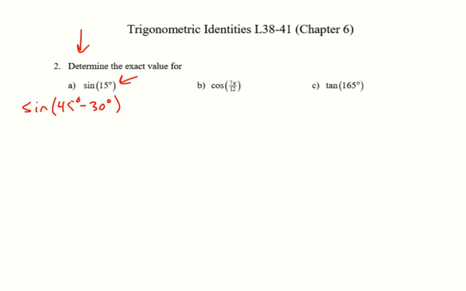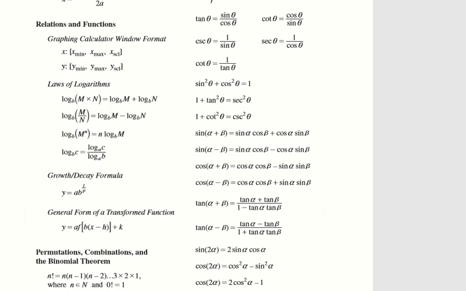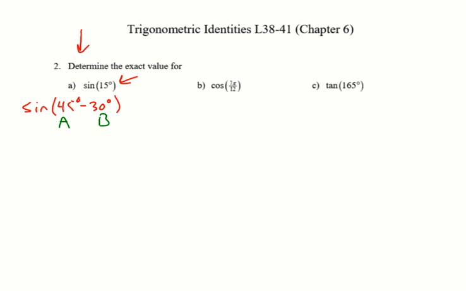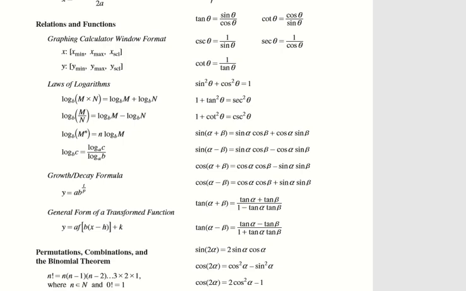The reason I split it up like that is because, the way this is written, I can call my 45 degrees A and my 30 degrees B. Maybe you see where I'm going here. Looking at my formula sheet, do I have a sine A minus B? Because that's what I wrote that as now. Sorry, I'm clicking around a lot.